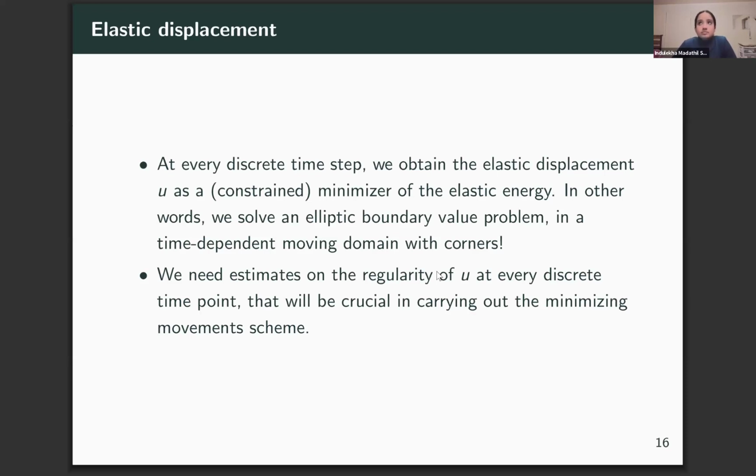Since, due to the special form of the elastic energy, the elastic displacement U is a solution of an elliptic boundary value problem with mixed Neumann and Dirichlet boundary values, we are solving the elliptic boundary value problem in a domain with corners, which is also moving in time.